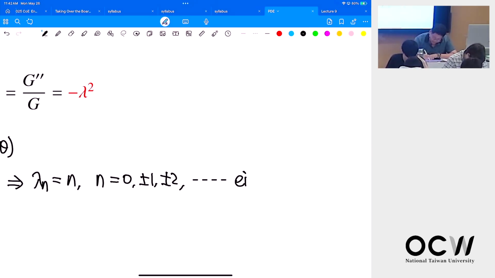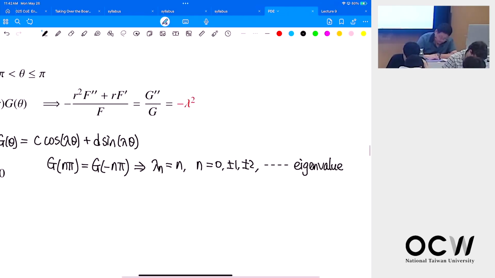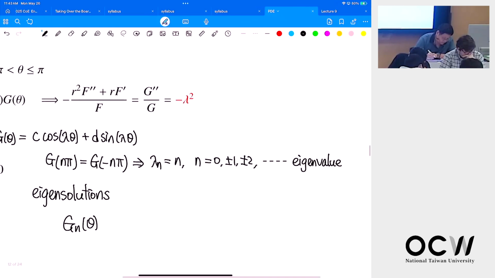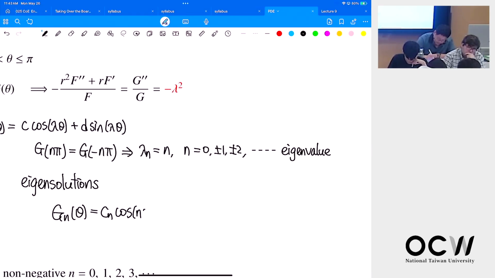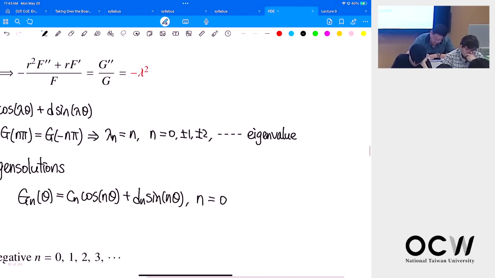Those are the eigenvalues. Then for the eigensolution, we have C_n cosine n theta plus D_n sine n theta, and n is an integer.